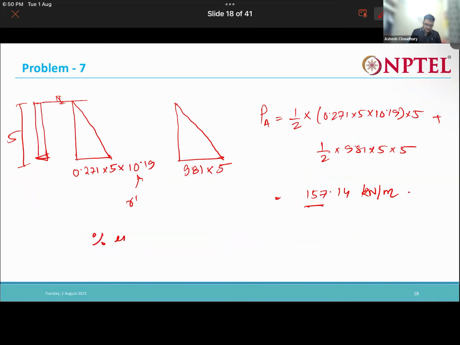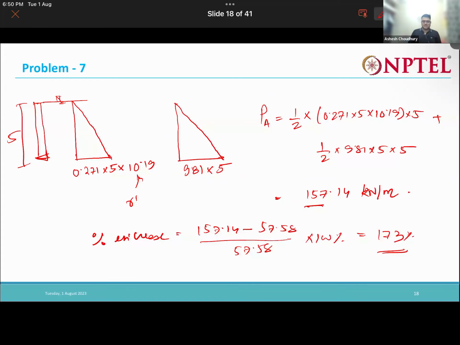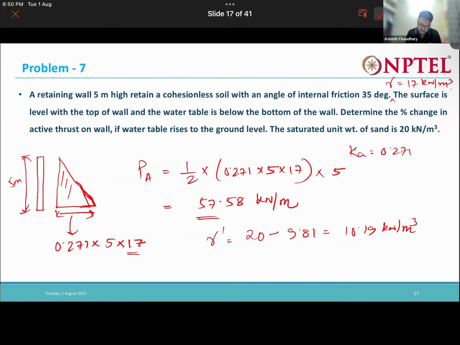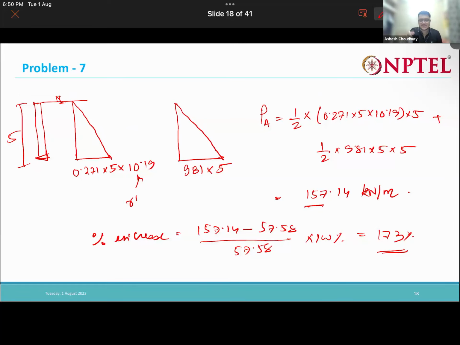If we find out the percentage increase, it is almost 173%. So almost by 3 times, more than 3 times, the active thrust is getting increased. Right?